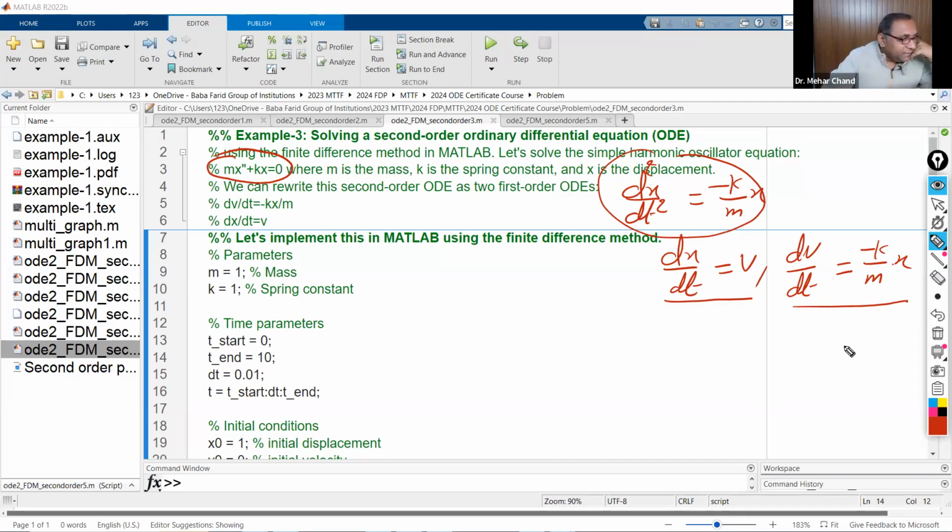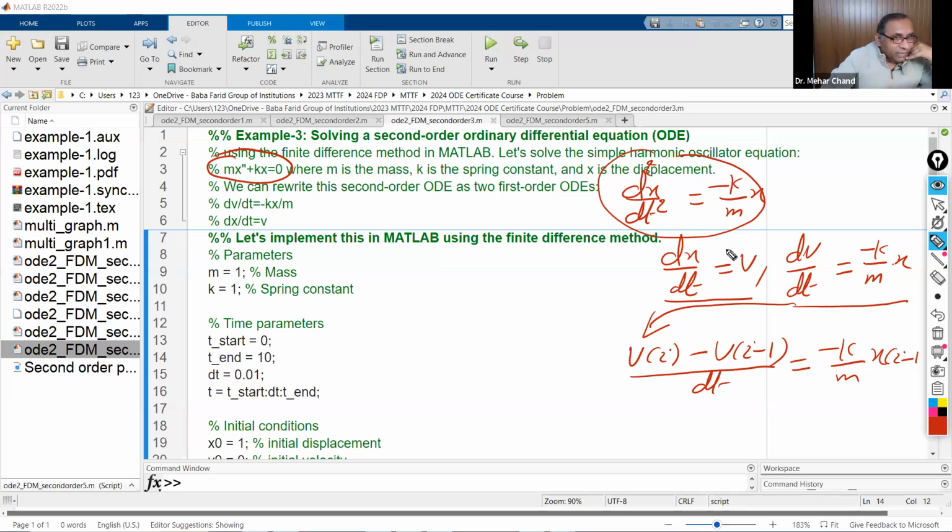Again, when you use the backward finite difference, this equation can be written as vi minus vi minus 1 upon dt is equal to minus k upon m x i minus 1.